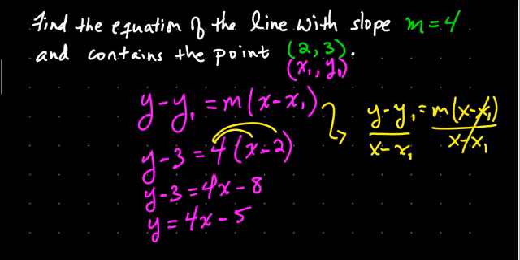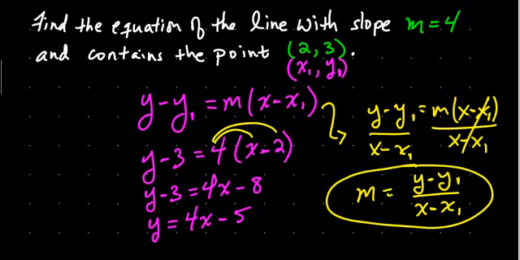Those cancel and we're left with m equals y minus y1 over x minus x1. So really it's just derived from the formula of the slope. And if you can use that and make it make sense, then it's a lot easier to memorize how to use this formula, because you actually know it rather than just purely memorizing it. Okay? Let's jump to the next problem.